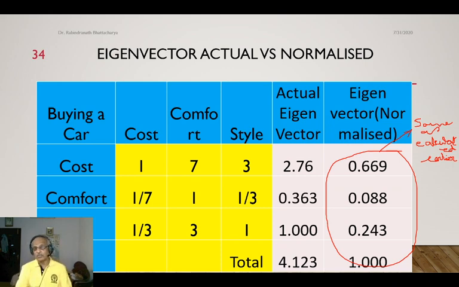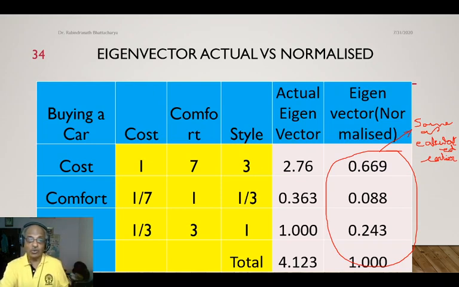Now the question comes: is the method we adopted for finding the eigenvectors perfect? What we studied in matrices at the bachelor's graduation level, how did we find it?